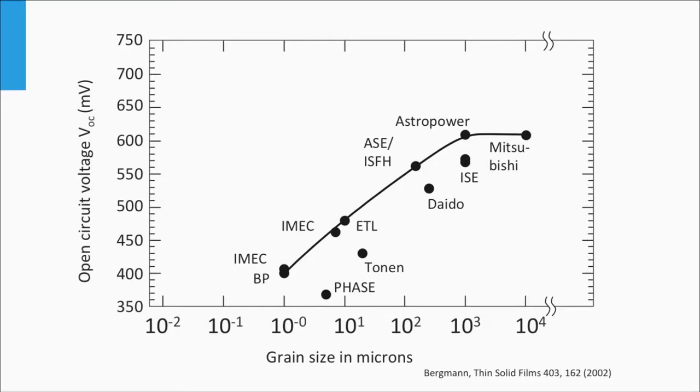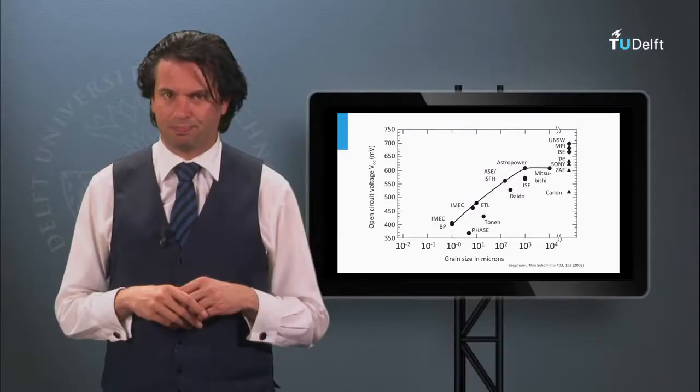The larger the grain size, the longer the charge carrier lifetimes, the larger the bandgap utilization, and the larger the open circuit voltage will be. On the right you see the open circuit voltages of various solar cells based on monocrystalline silicon wafers. As monocrystalline silicon has no grain boundary, much larger open circuit voltages can be obtained.